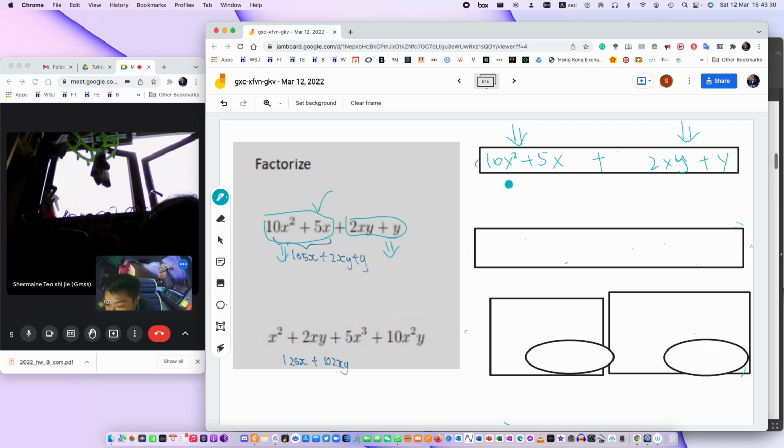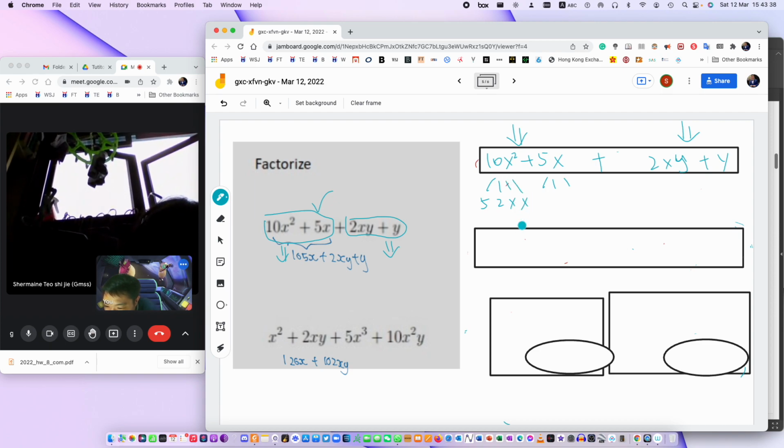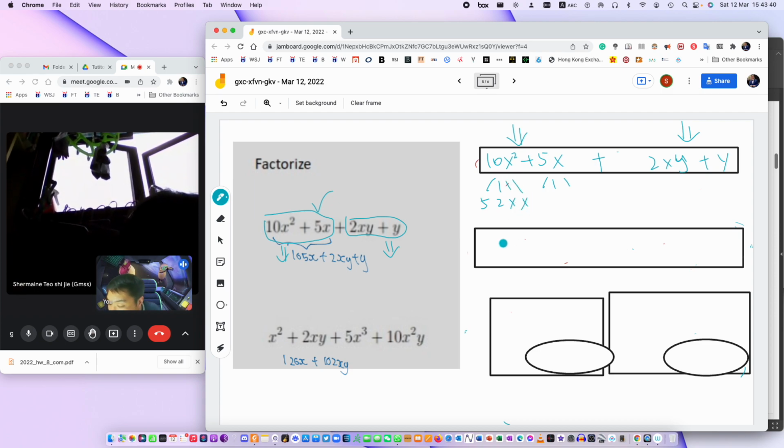So how do I split this? 10x squared I can split to 5 times 2x times x, right? 10x squared is 5 times 2x times x. 5x is 5 and x, and that's all.